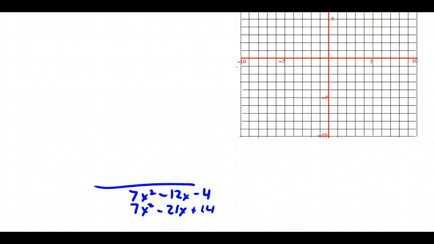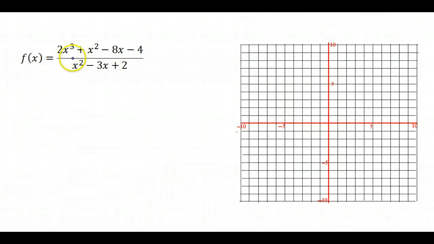Last example. On this rational function, the degree of the numerator is greater than the degree of the denominator, so we are going to have a slant asymptote. Let's factor. So I'm going to take an x squared out of the first two, leaving me with 2x plus 1. I'm going to take a -4 out of the second two, leaving me with 2x plus 1.